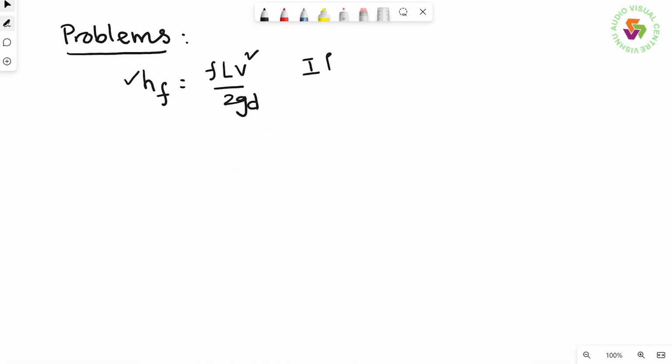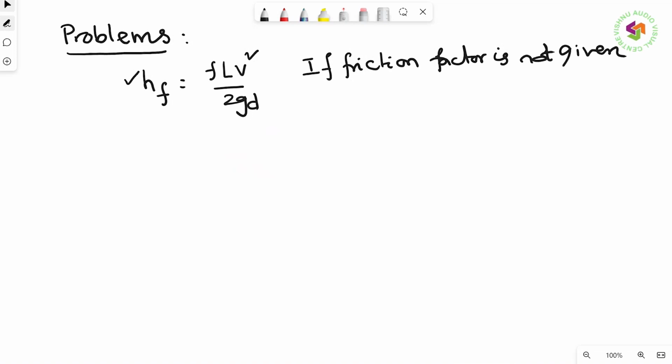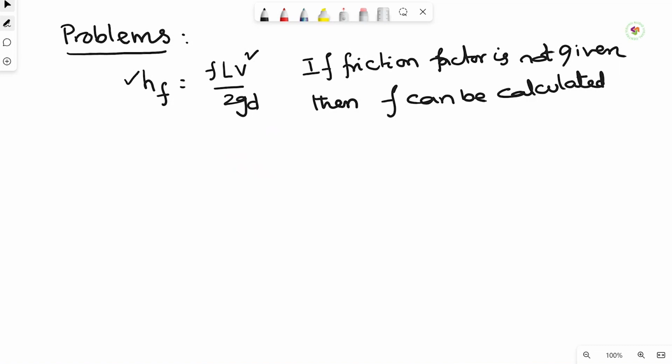If the friction factor is not given, then F can be calculated, and the equations for F I already gave in the previous first lecture itself.